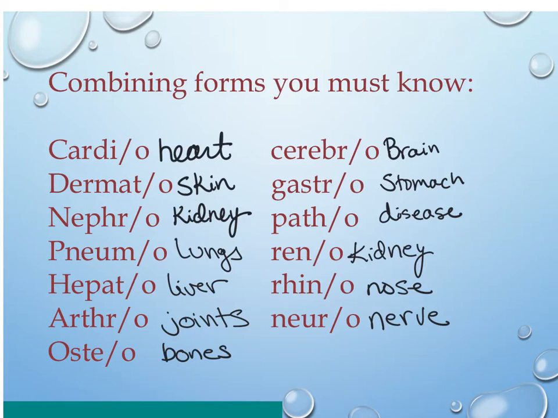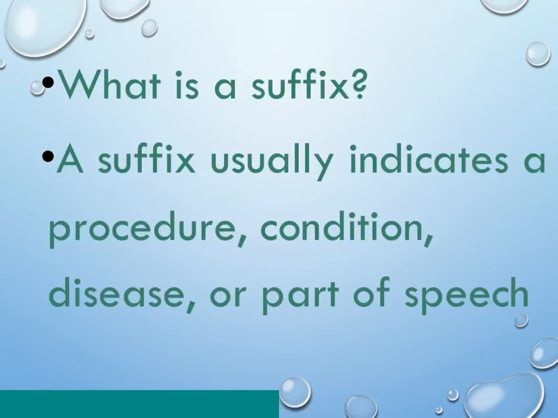Now we're going to look at the suffixes and prefixes that can be used to make these into actual medical terms. So a suffix comes at the end of the word. You probably remember this from elementary school, I imagine, when we learned about prefixes and suffixes. So a suffix is an ending.